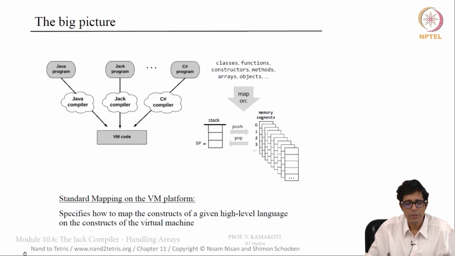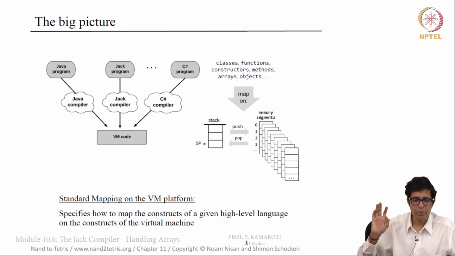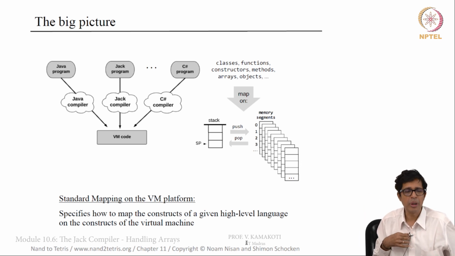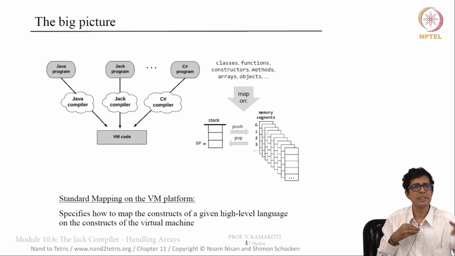So this is how the whole thing works, and this is the big picture here. Okay, and we will now go to module 11 in the next week, where we will start looking at project 11 in greater detail.